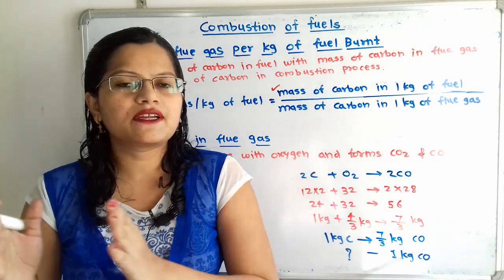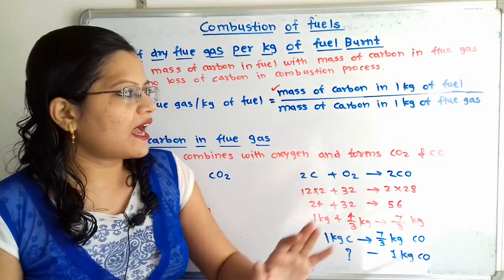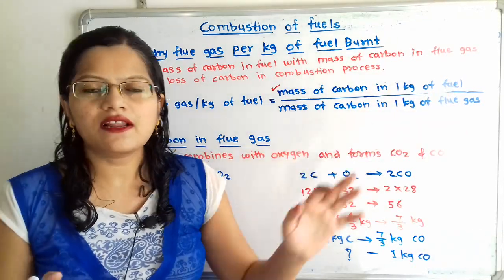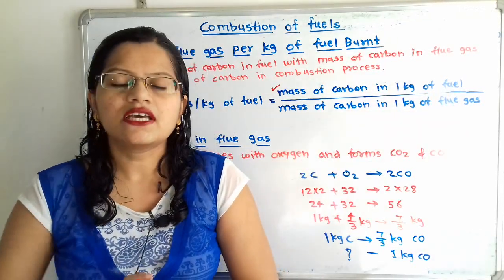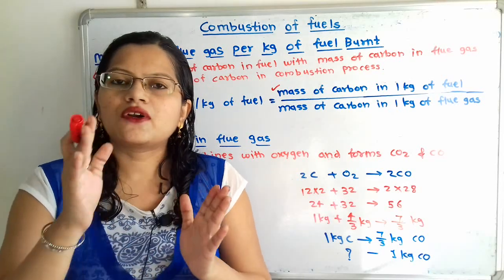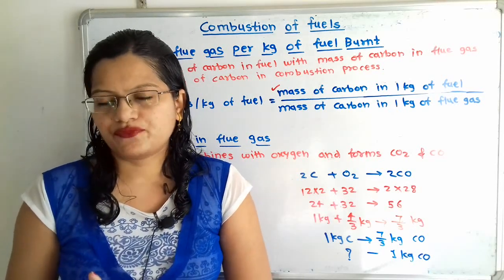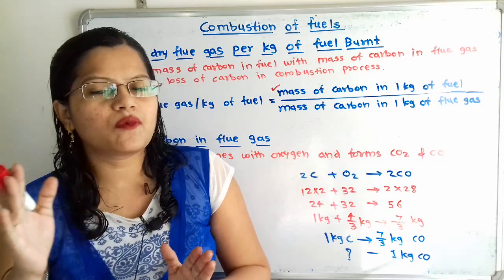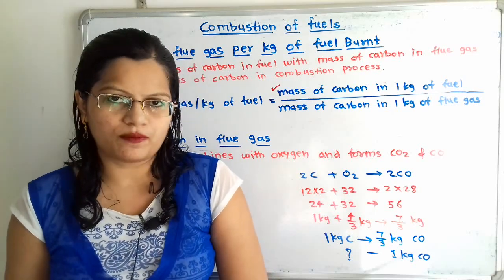So what is happening during the combustion? When carbon present in this fuel combines with oxygen, then carbon dioxide is getting formed. And in the same way carbon monoxide is also getting formed.